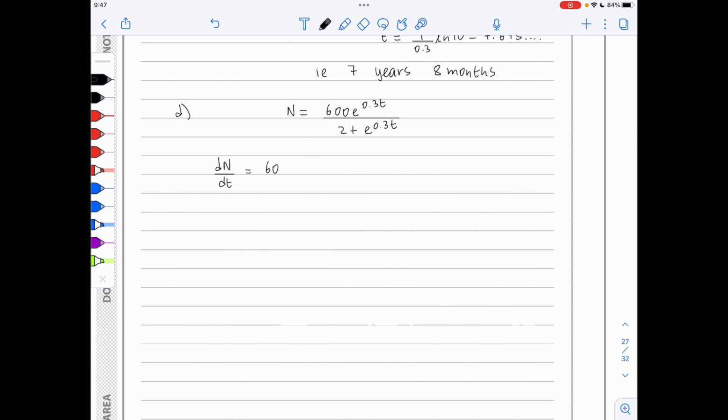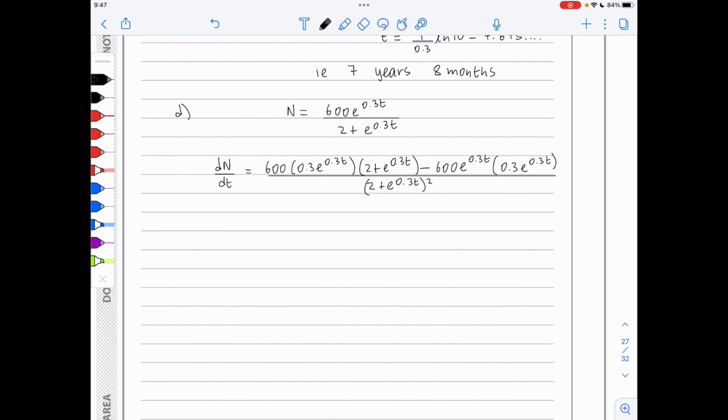So 600 times 0.3 e to the 0.3 t, and I keep the bottom, minus keep the top, 600 e to the 0.3 t times the derivative of the bottom, which is 0.3 e to the 0.3 t, and all over the bottom squared, the 2 plus e to the 0.3 t squared.